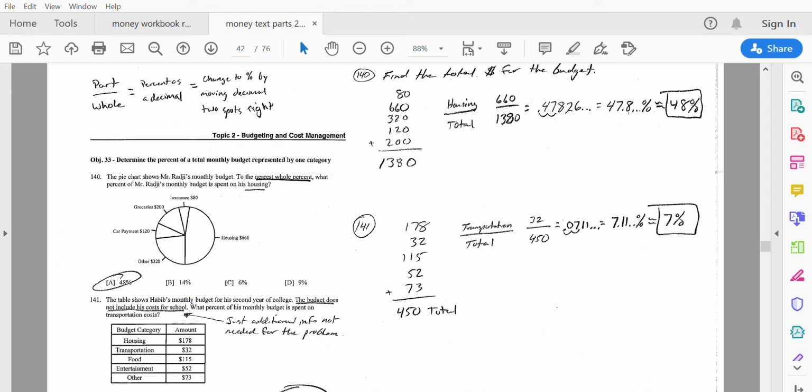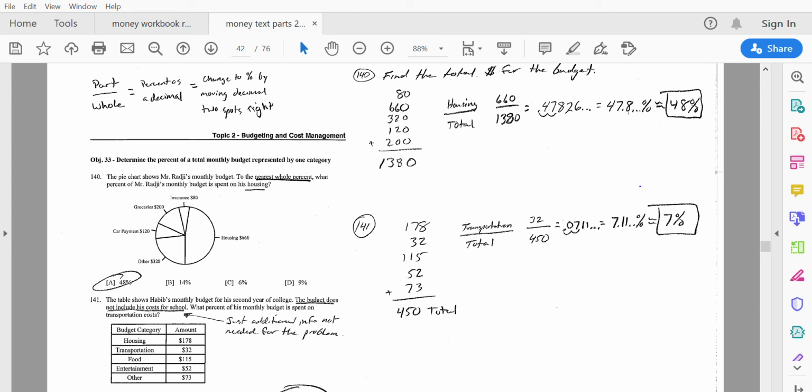We're just going to take all these, and you can see I add them up, and I get $450. That goes to the bottom of the fraction. Again, we just divide 32 divided by 450. We get 0.0711-something. Move it 2 to the right.